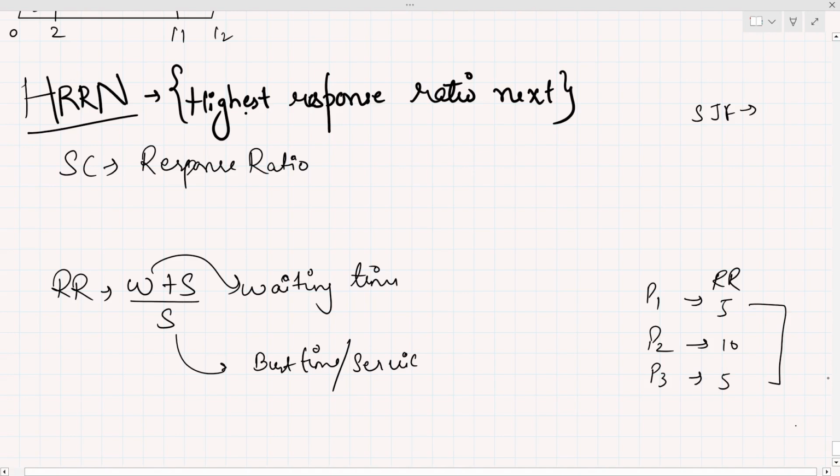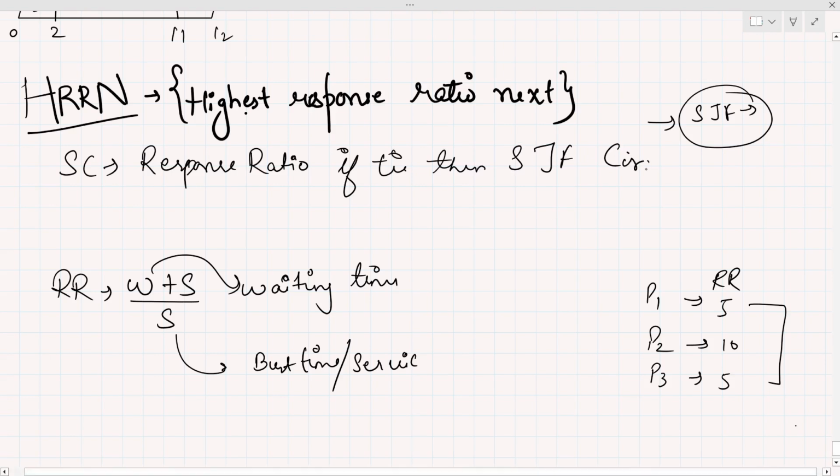So what happens if there is a tie? If there is a tie, we do the same thing that we do in the SJF scheduling algorithm. The SJF criteria will be applied: those who have the smallest burst time will get the CPU first. Because we find the response ratio with the help of burst time, burst time is definitely given in the question.